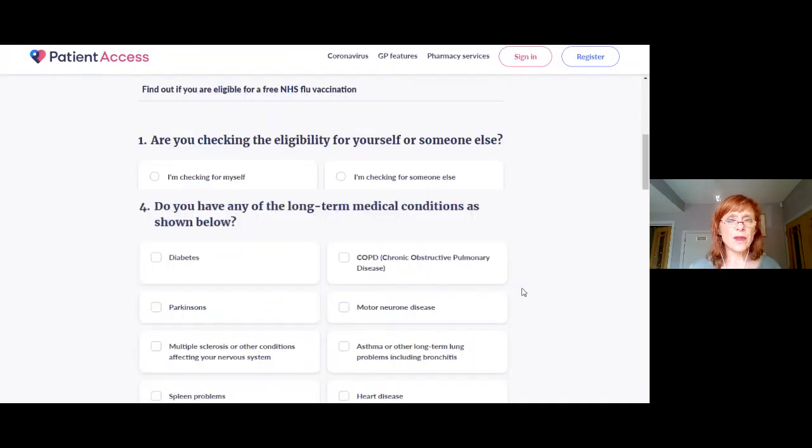When they get on, the first thing that happens is we ask if they are checking for themselves or for somebody else. Of course, patients who are registered as proxies can go on and the proxy can ask on their behalf. But if they're not, then we offer them the opportunity to sign up as a proxy, if, for instance, it's an under 16-year-old. We then ask them all the standard questions in patient-friendly language.